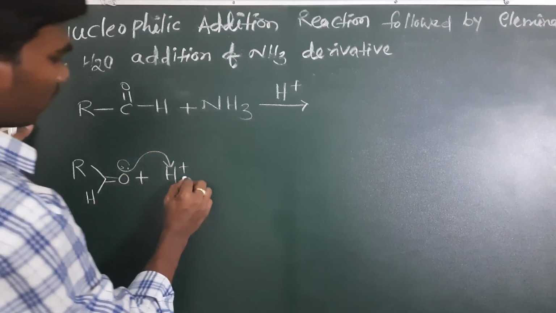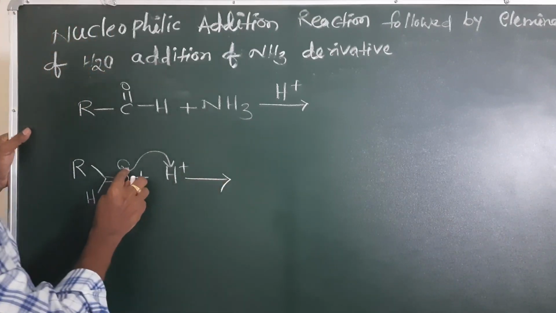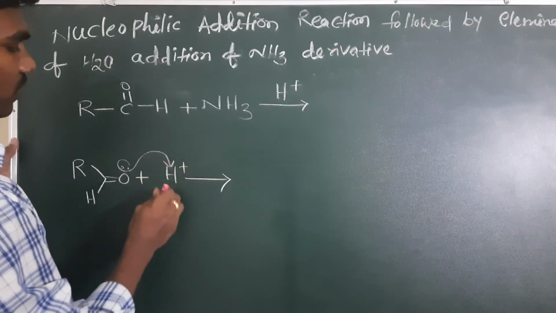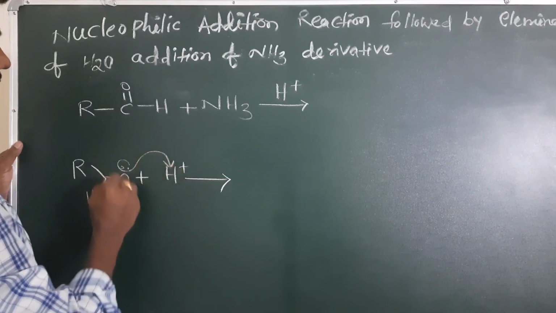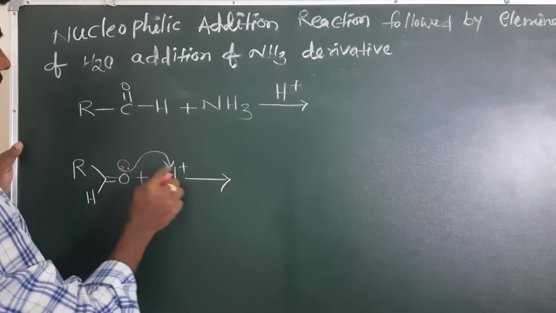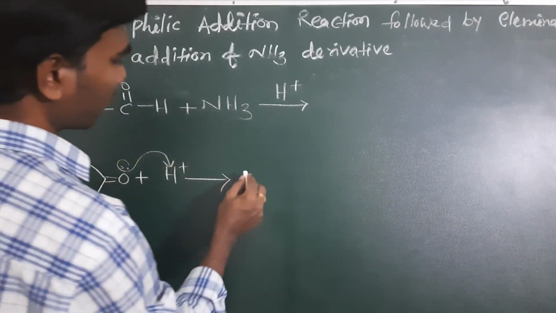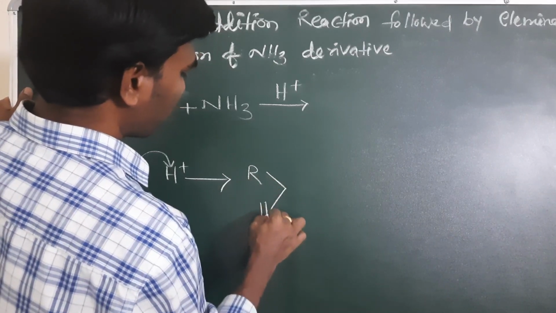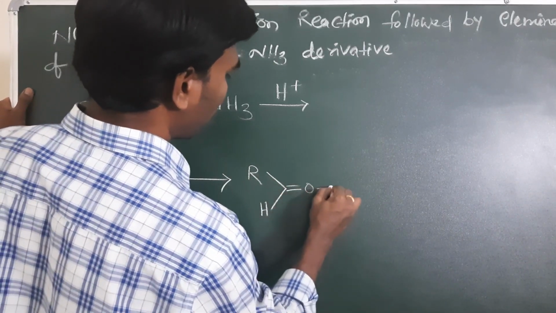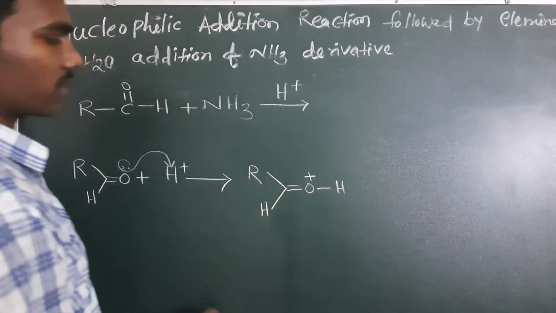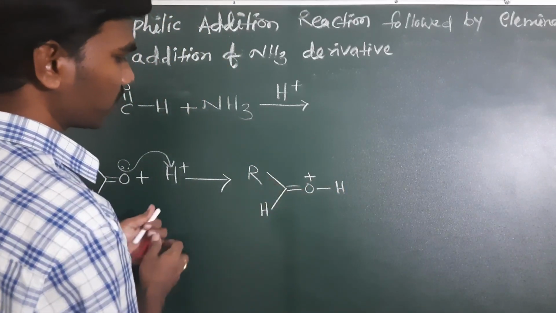So this will form like this, because oxygen has electron density and the proton has positive charge, suffering with electron deficiency, so the electron pair is donated by oxygen to this proton. It will form C=O H. Oxygen valency is 2, but here 3 bonds are there, so I am taking a positive charge.